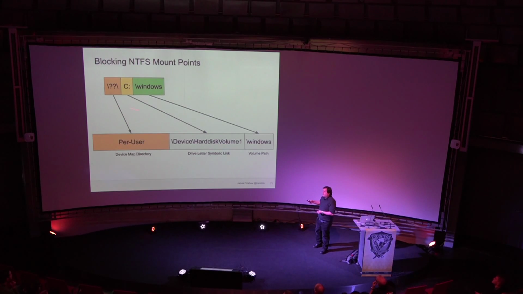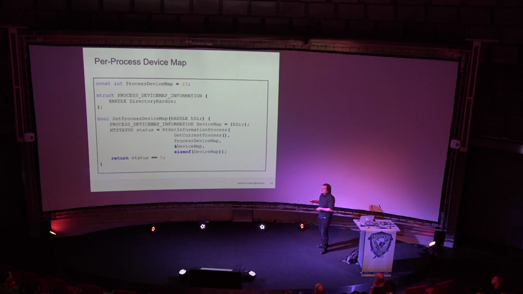Now, you can't actually write to that directly, which means you can't change the symlink and you can't change the path. But I realized there was a facility which changed the device map, the process device map, on a per-process basis. So if you're running in the context of that process, it uses one device map, and if you then end up in this unsandboxed process, you have a different one.